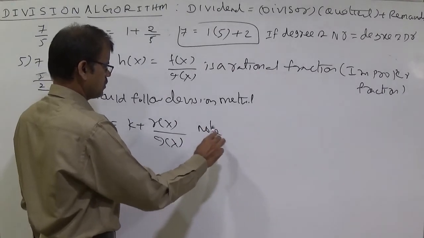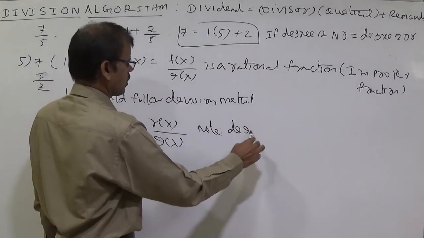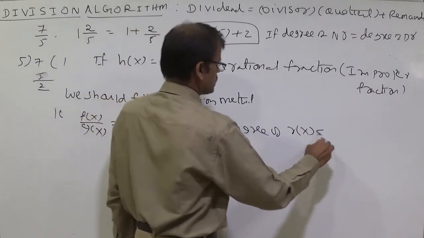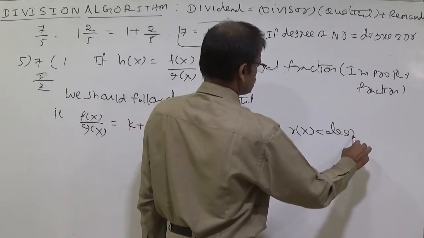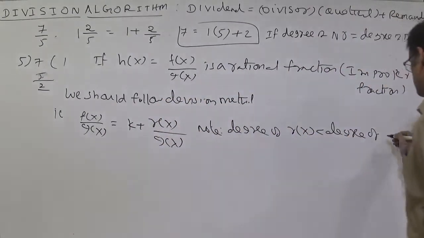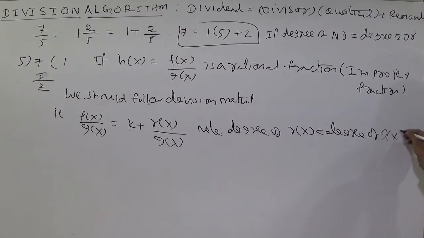Note that the degree of r of x is less than the degree of g of x, because it depends upon the denominator.